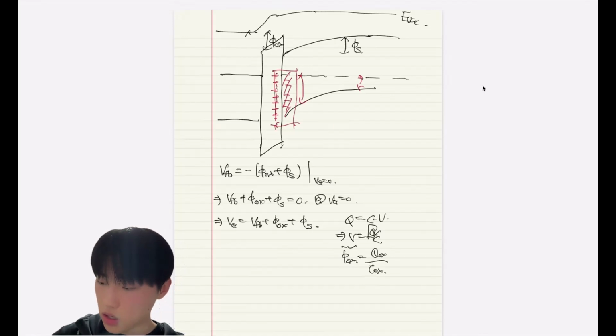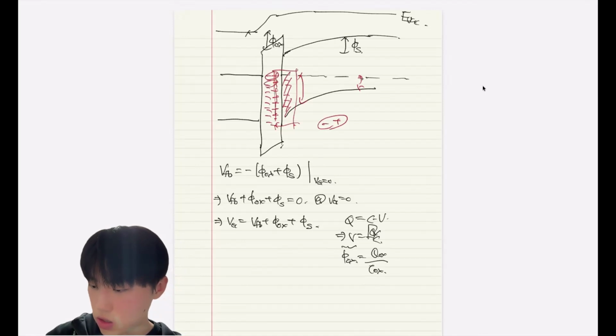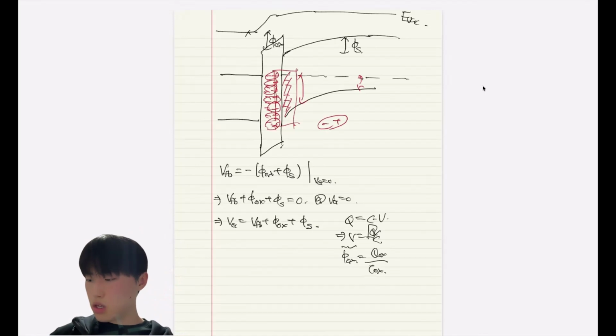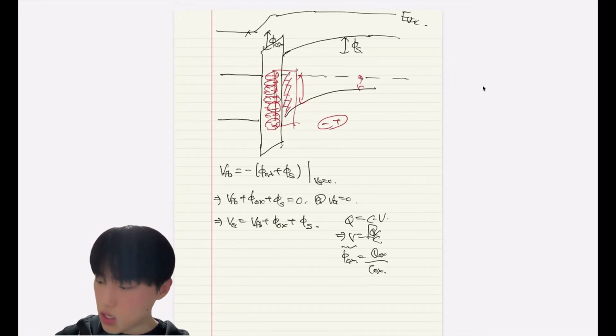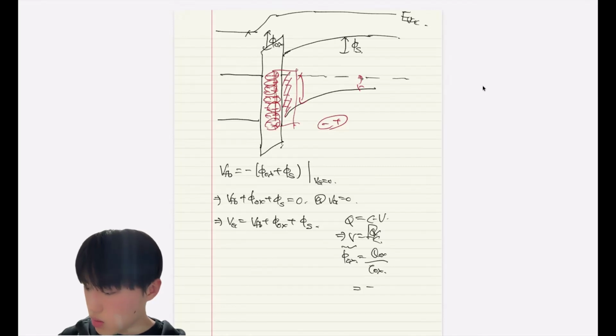Actually, the polarization is like this, so there will be a minus on it. So we can say it like this. But actually, the formula of the capacitor is Q over C_ox, but we can use the polarization, so we can say this again as minus Q_s over C_ox.